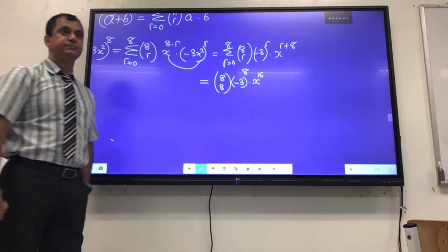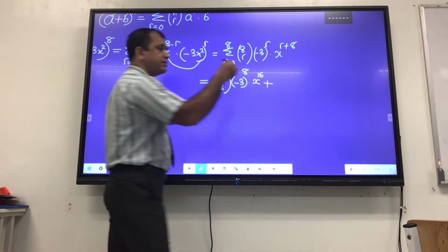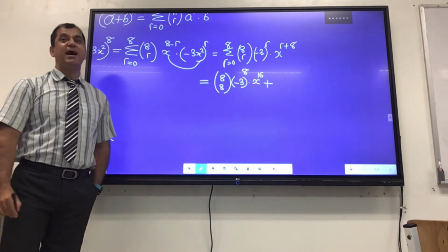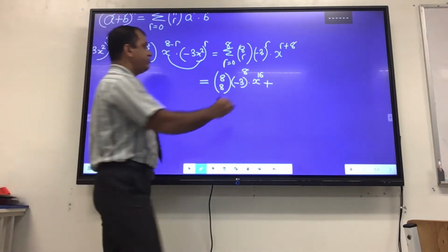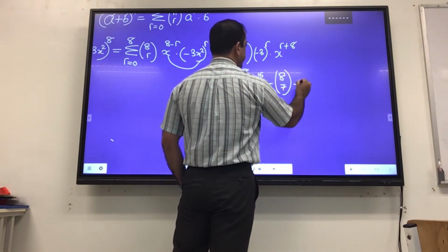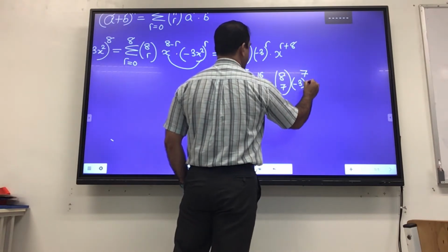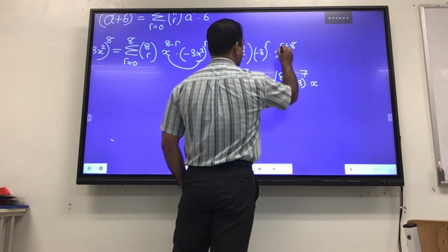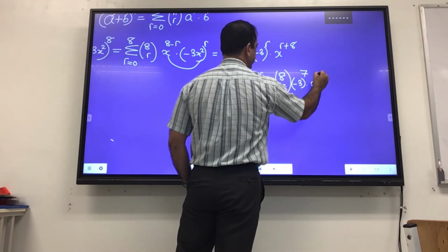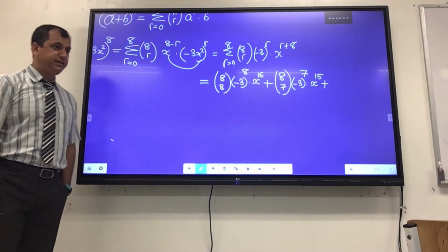Plus the next term, taking r equal to 7, it will be 8C7 negative 3 power 7 times x power 7 plus 8, which is 15.